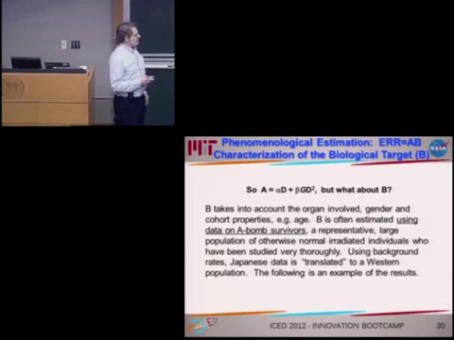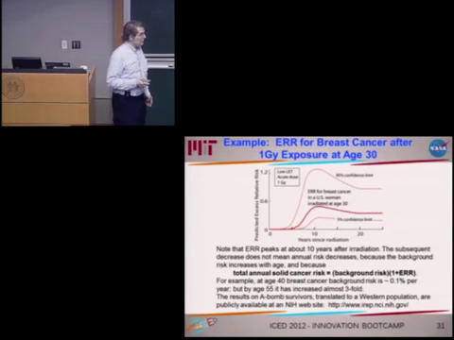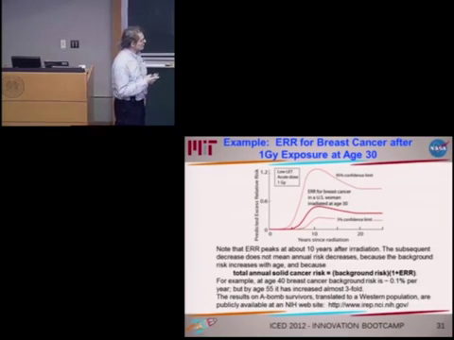So anyway, this data set's been studied fairly thoroughly, and this is the predicted excess relative risk versus years since radiation for breast cancer. This assumes the woman is exposed, I think, at 30 years of age, and then looks at years since then. And again, this is the excess relative risk.